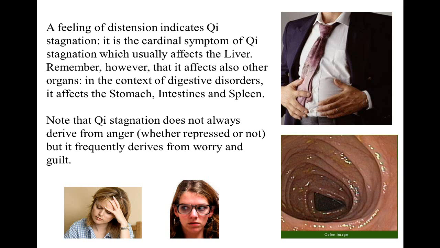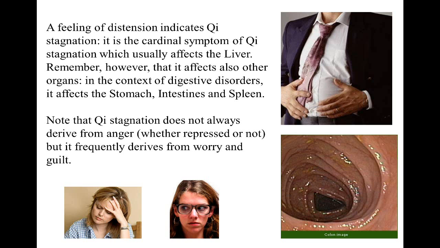And talking about qi stagnation in the context of digestive problems, I'd like to stress straight away something I usually stress in my lectures, that qi stagnation occurs in the liver, of course. When the liver loses its free flow of qi, there is zhang or distension. However, it occurs in many other organs too. So I'd like to stress that straight away: qi stagnation does not always mean that it is liver qi stagnation.